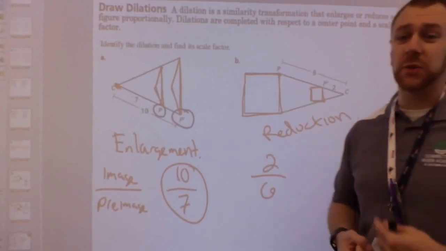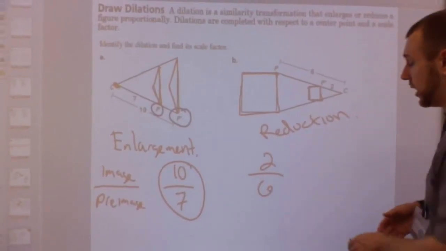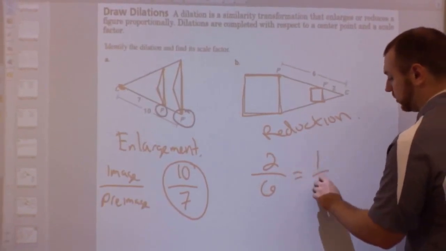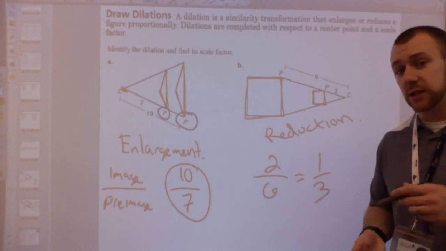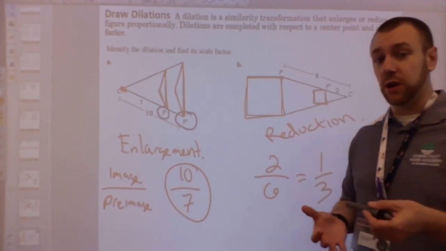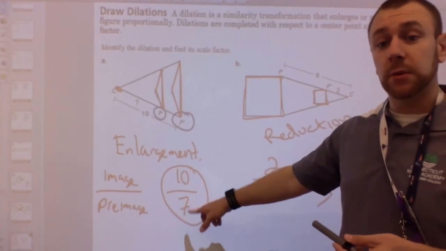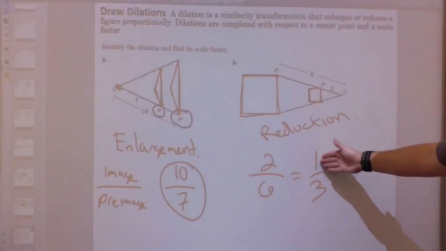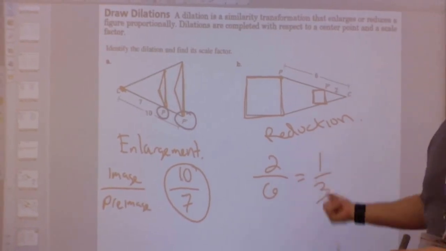Well, we don't leave fractions like that. We always have to reduce fractions. So this is going to reduce down to 1/3. That's how I find the scale factor and determine if it's a reduction or an enlargement. If you notice, 10 divided by 7 is going to be greater than 1, while 1 divided by 3 is a decimal, 0.3333, which is less than 1.